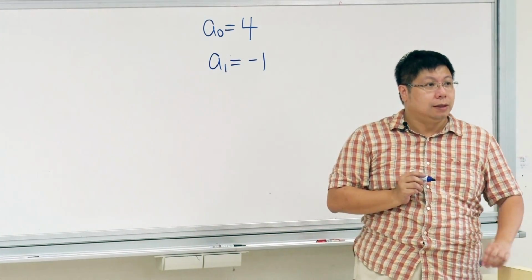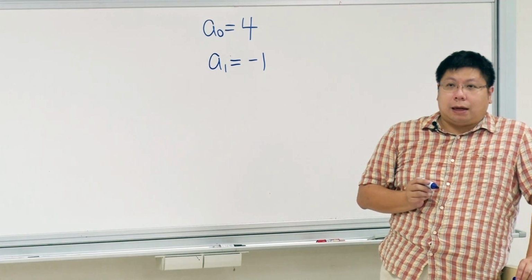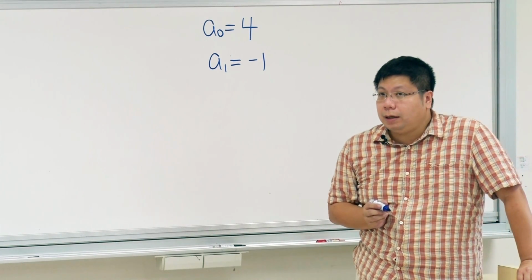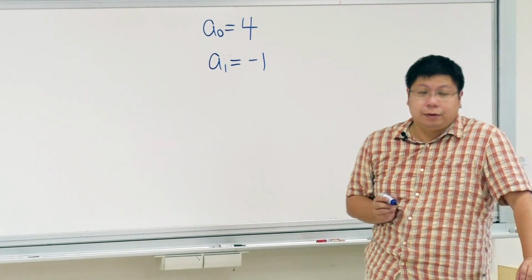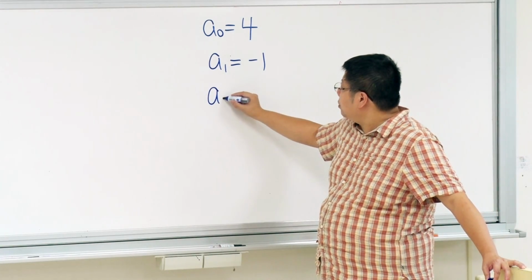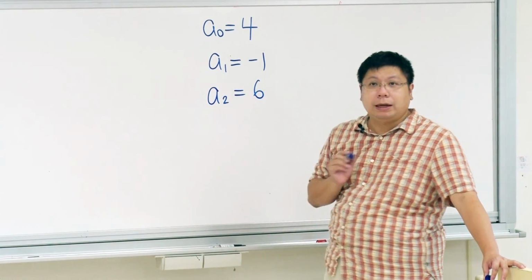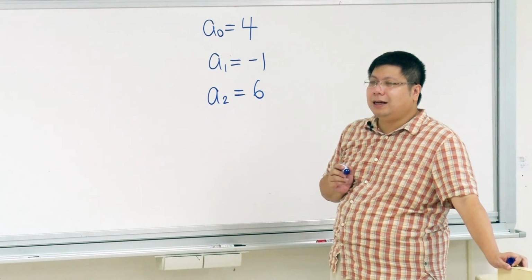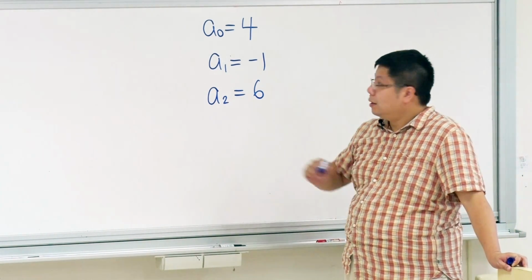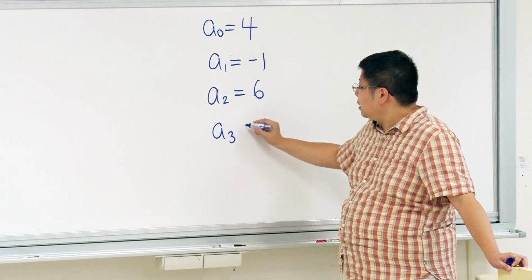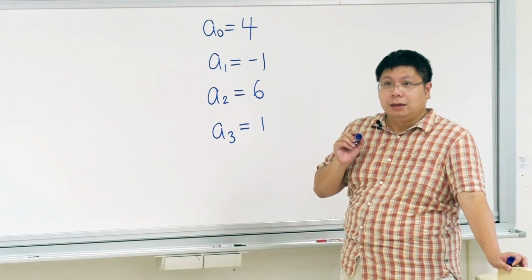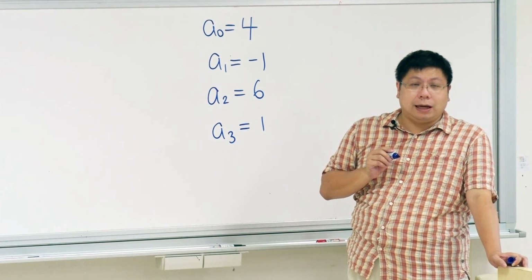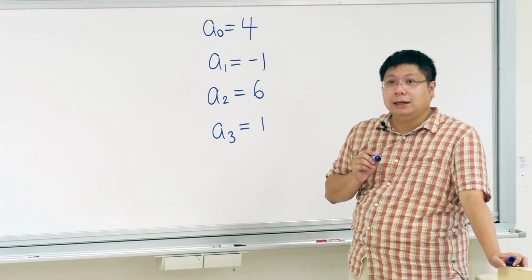Am I correct? Okay. And then we have a_2 plus a_1 equal to 5. So we must have a_2 equal to 6. Am I correct? And then we have a_3 plus a_2 equal to 7. So we will have a_3 equal to 1. And then we have a_4 plus a_3 equal to 9.